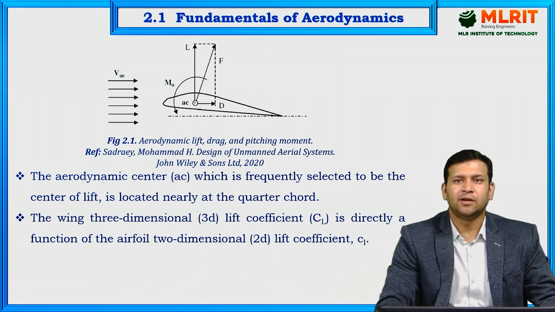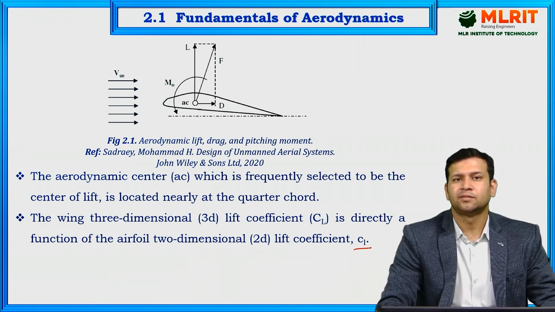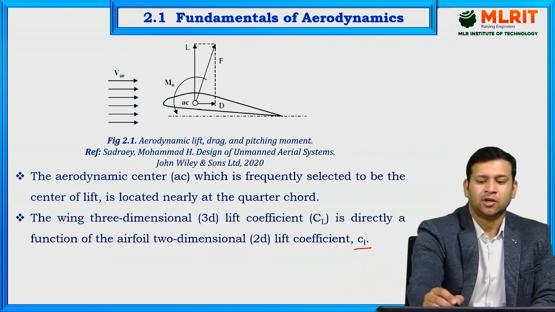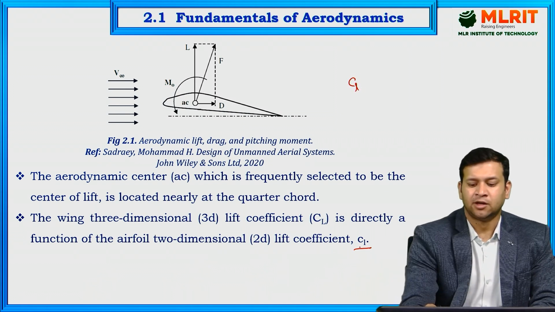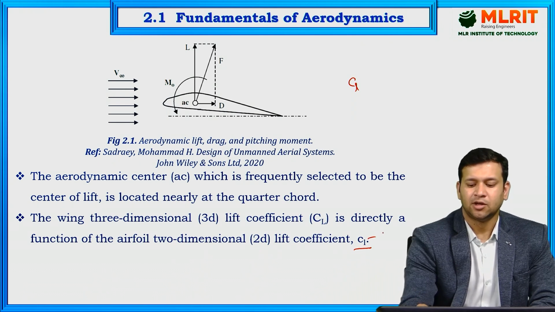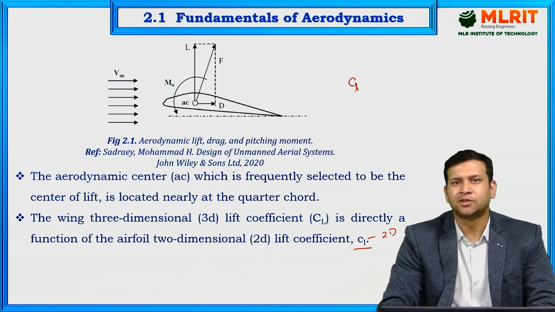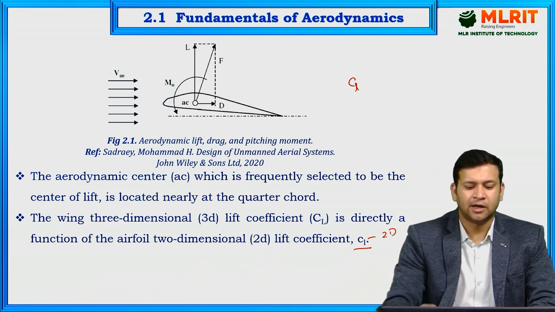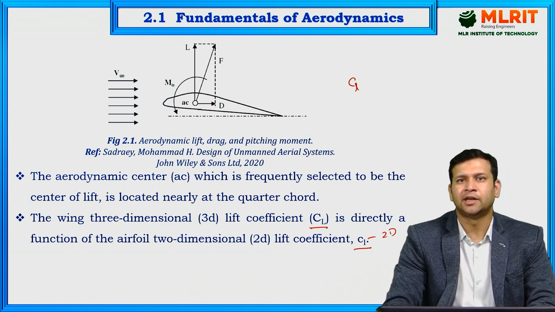The wing 3-dimensional lift coefficient is directly a function of the airfoil 2-dimensional lift coefficient. We have lowercase c suffix l, which represents 2-dimensional bodies, like an airfoil, and the 3D lift coefficient is capital C suffix L, which is for the entire wing, the entire aircraft.